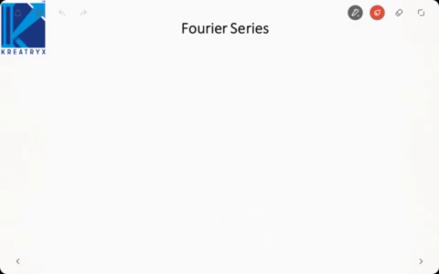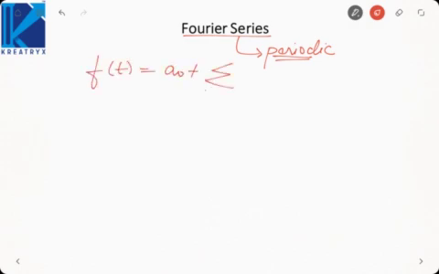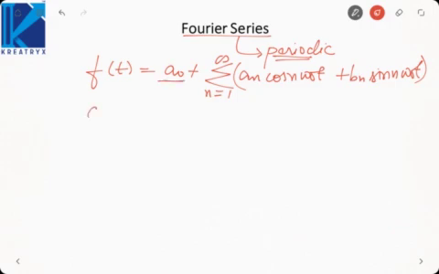Fourier series is defined for periodic functions, and here we are interested in the trigonometric Fourier series, which expresses any function as a0 plus sigma n equal to 1 to infinity an cos n omega naught t plus bn sin n omega naught t.